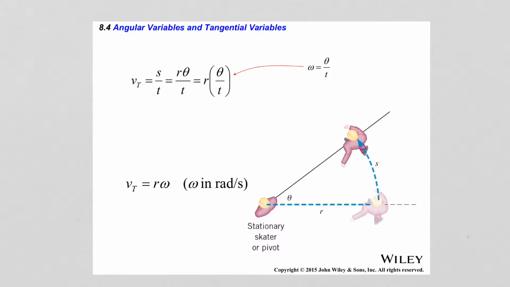And here we have the tangential velocity of the skater at the two different points. So one more time, the relationship between the linear velocity of the skater and the angular velocity of rotation is given by this formula here. The linear velocity is equal to the radius of the trajectory of rotation times the angular velocity.